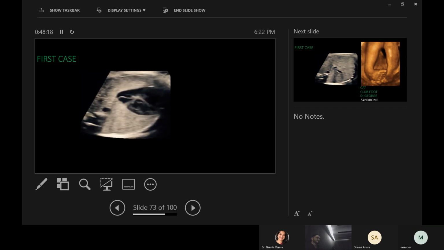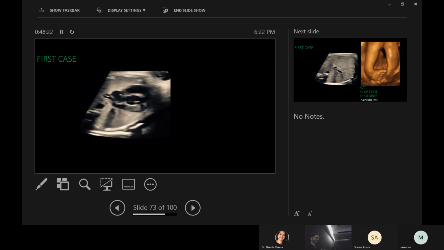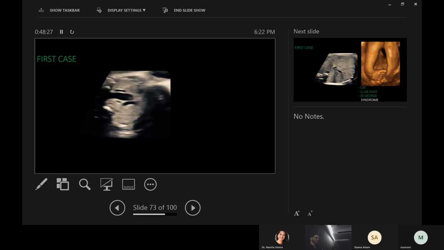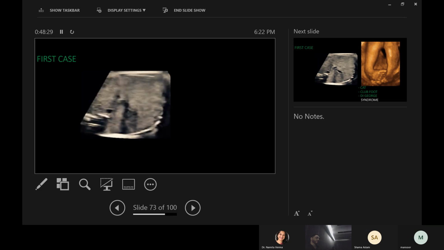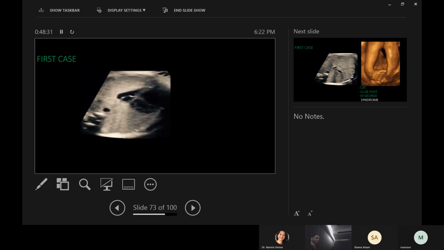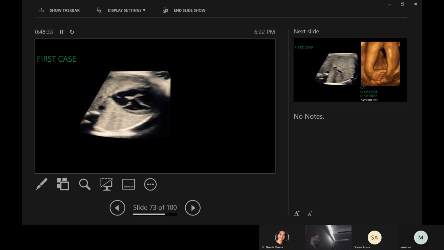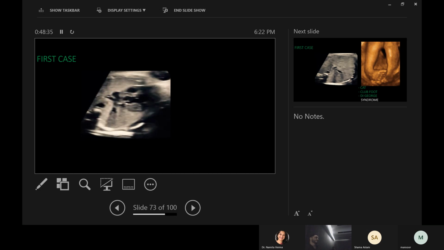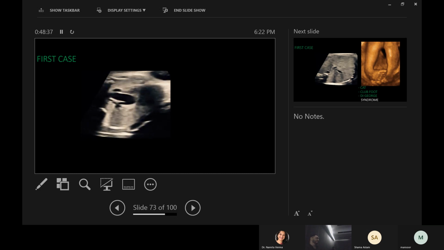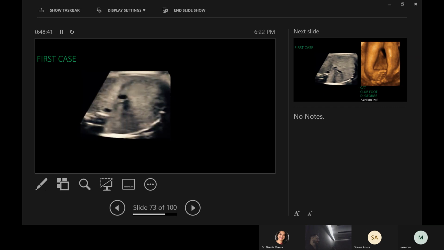So this is the first case. You want to make a guess what you are seeing? See the clip completely. So any guess? We are seeing only one artery arising from the heart. Yes, common arterial trunk or truncus arteriosus.